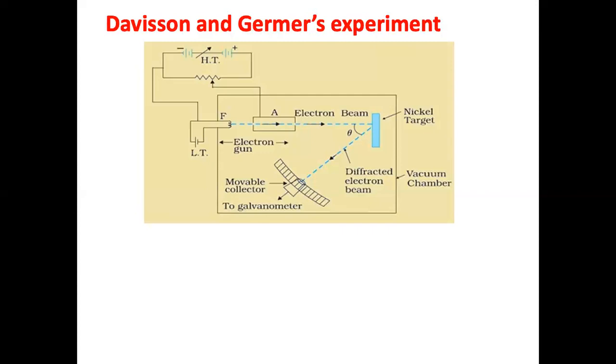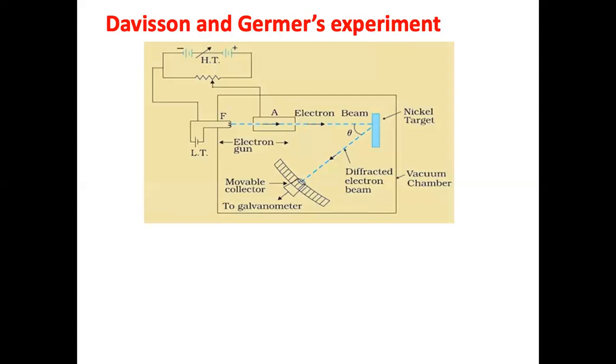Next, when we send the sharp electron beam to the nickel target, due to the nickel atoms it will be scattered and reflected back. When the electrons are scattered from the nickel atoms, we receive the scattered electron beam with a movable collector or movable detector.